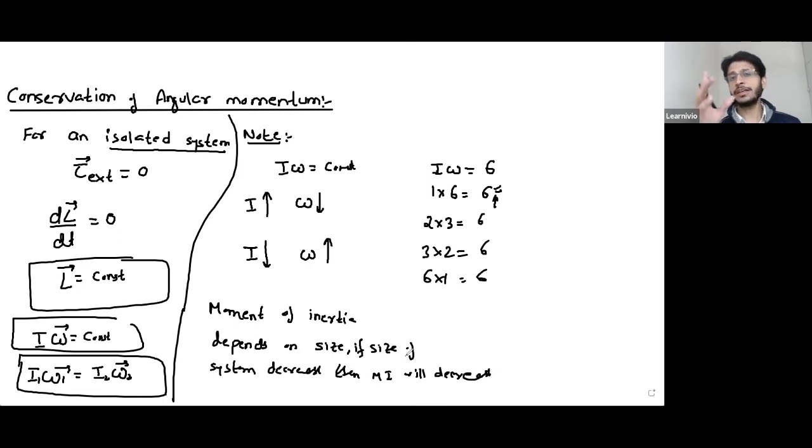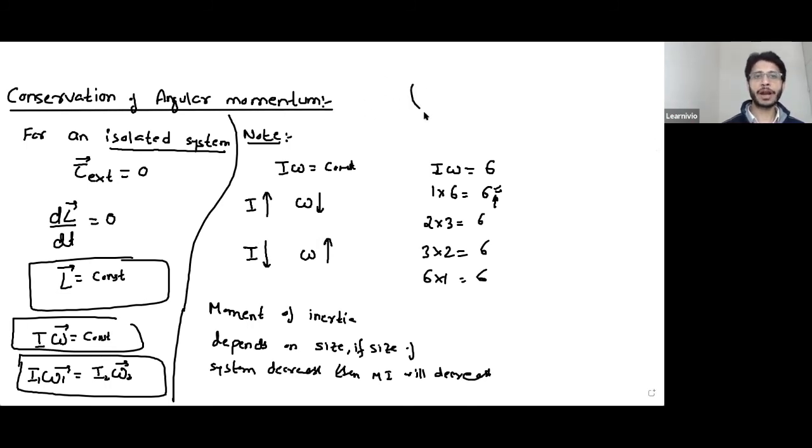Again, I'm not saying that it depends only on size. It even depends upon mass, and upon distribution of mass. But size is one factor which you will use very frequently. If the size of your system decreases, then definitely its moment of inertia will decrease. And if its moment of inertia decreases and the system is isolated, that means angular velocity will increase.